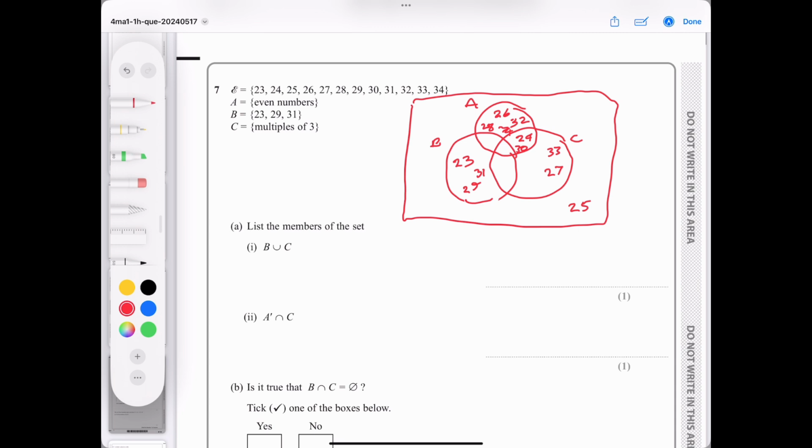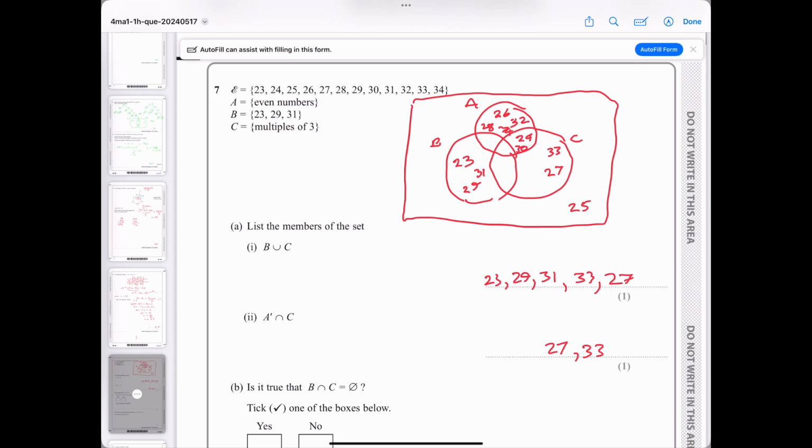Right, list the members of B union C. So B union C is 23, 29, 31, 33 and 27. I should probably have done that in some sort of order. A' intersection C is, so it's not A, but it is C, so it's going to be 27 and 33.